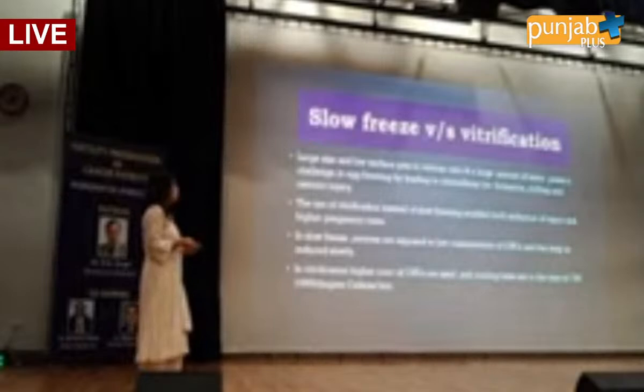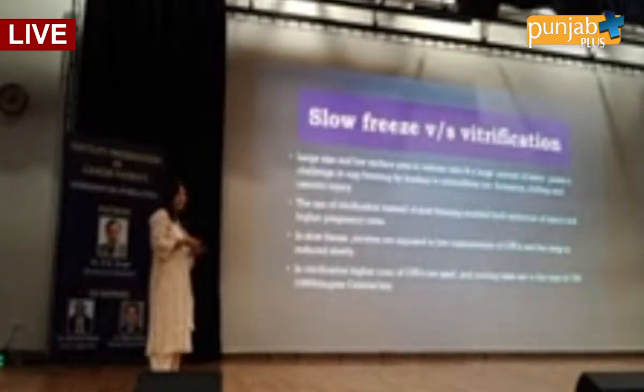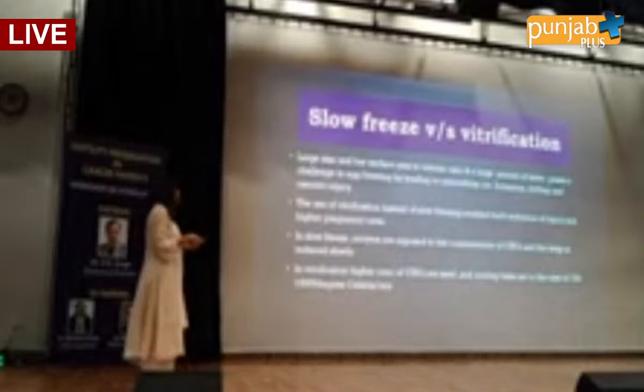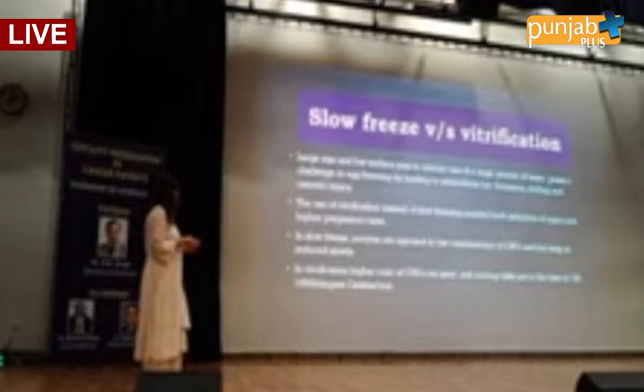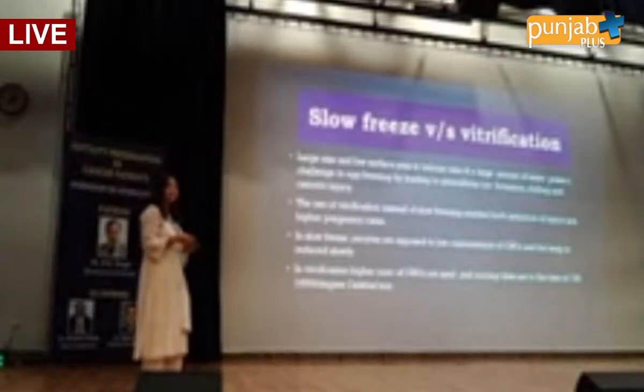In slow freeze, the oocytes are exposed to a low concentration of cryoprotectants, and the procedure is very slow. The temperature is gradually decreased, and they are brought to minus 200 degrees Celsius. But in vitrification, we use higher concentrations of cryoprotectants, and the cooling rates are very fast, 100 to 10,000 degrees Celsius per minute.